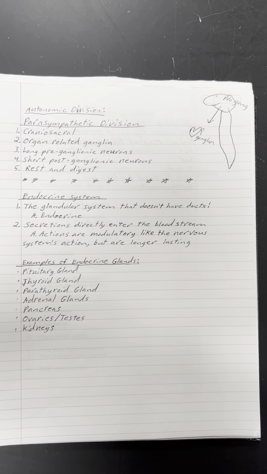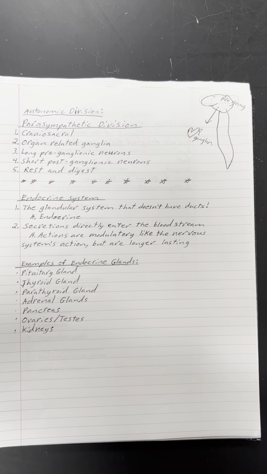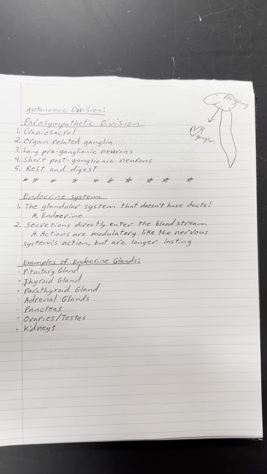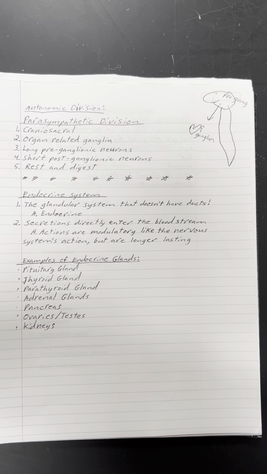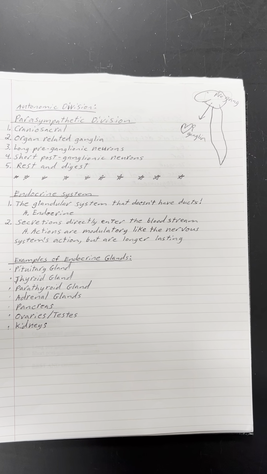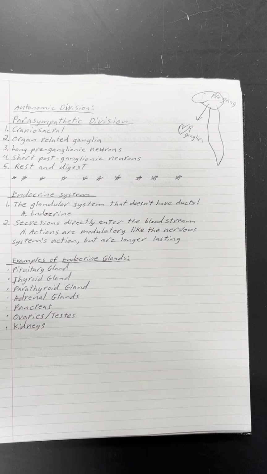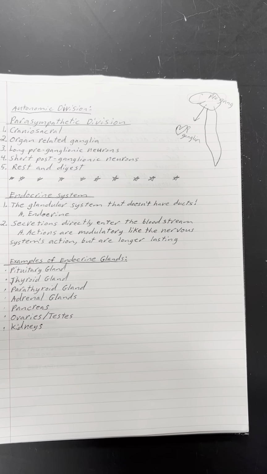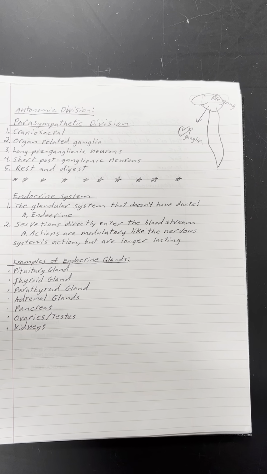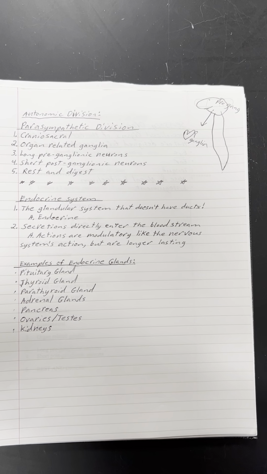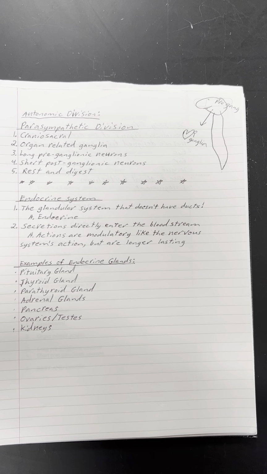Examples of endocrine glands: pituitary gland, thyroid gland, parathyroid gland, adrenal glands, pancreas, ovaries, testes, kidneys.